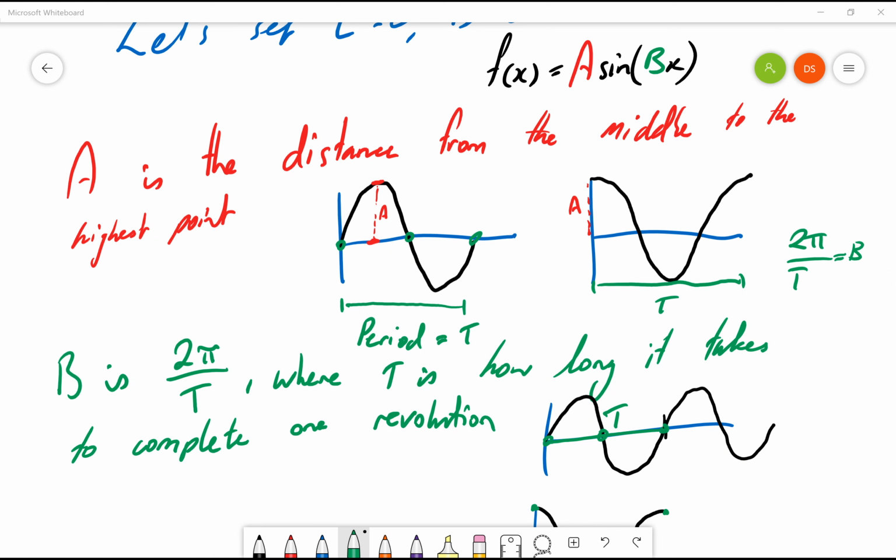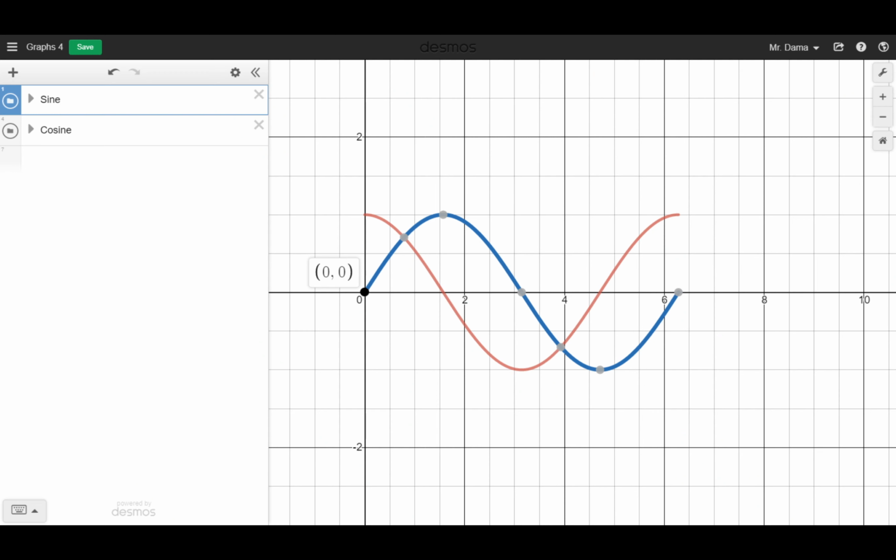Sorry, I just realized I didn't change slide, so you can't see me waving my hands around. So once again, a sine curve starts at the middle, goes up, down to the bottom, and then back to the middle. And that's when you'd use a sine curve, and a cosine curve starts at the top. So depending on what you're modeling, you might want to use a sine or a cosine.